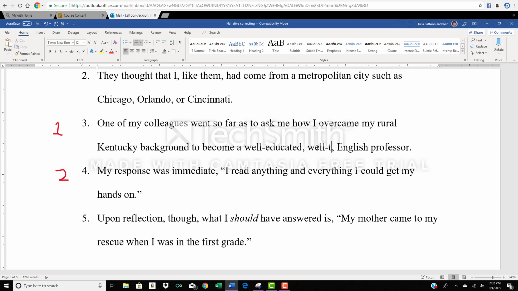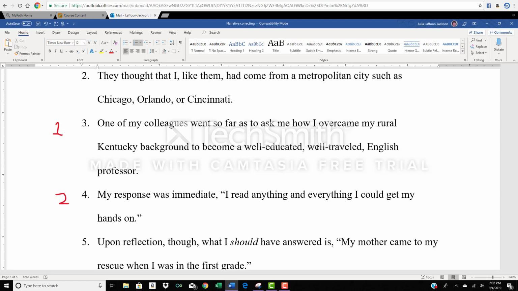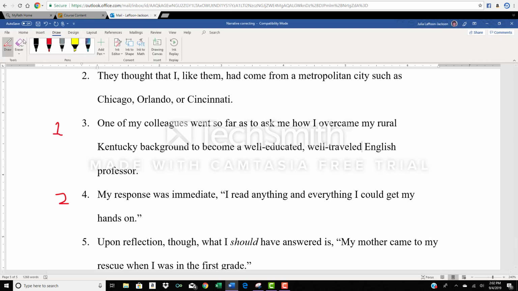I'll change it to well-traveled, and then we need to delete this comma so that the reader will read it correctly. One of my colleagues went so far as to ask me how I overcame my rural Kentucky background to become a well-educated, well-traveled English professor.